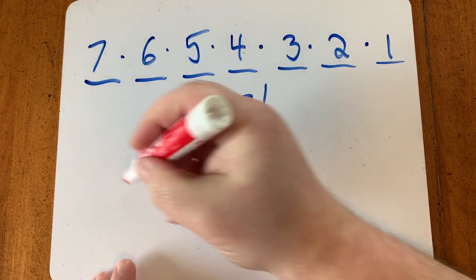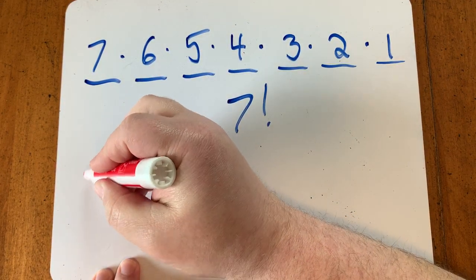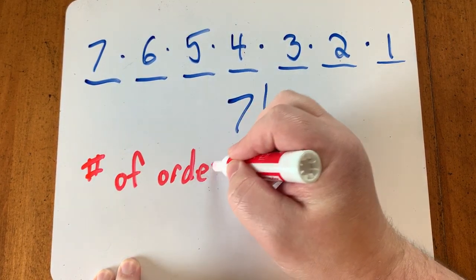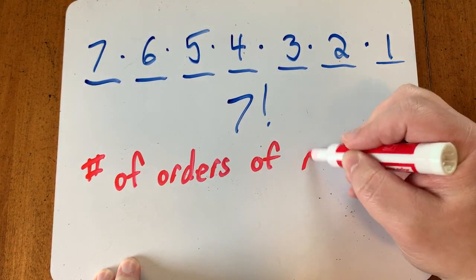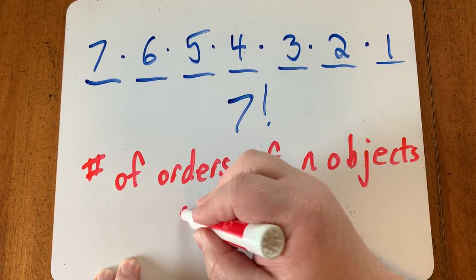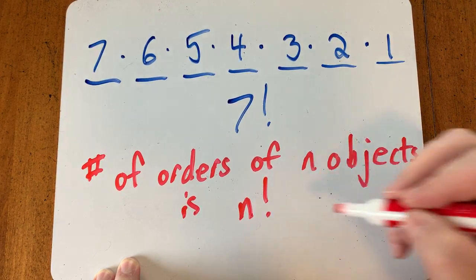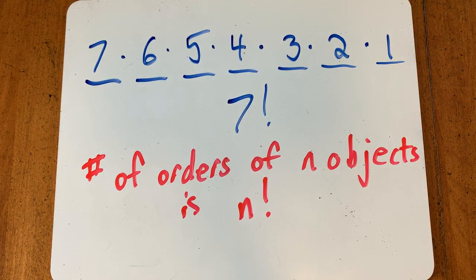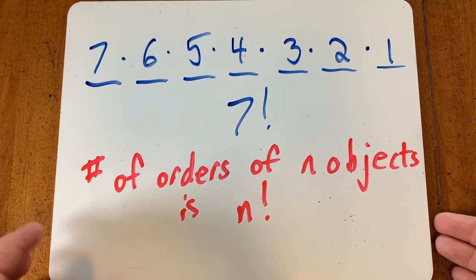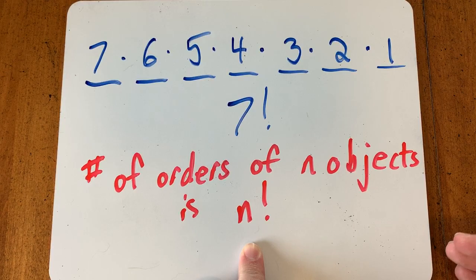So if you are looking for the number of orders of n objects, it is n factorial. So that's how you can find the number of orders of n objects.